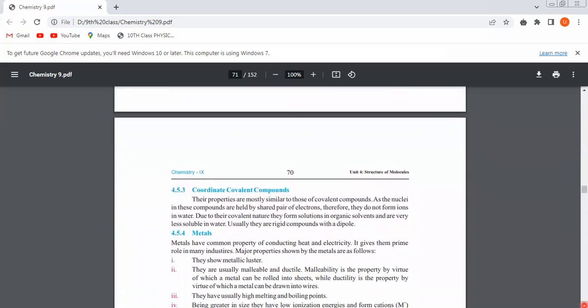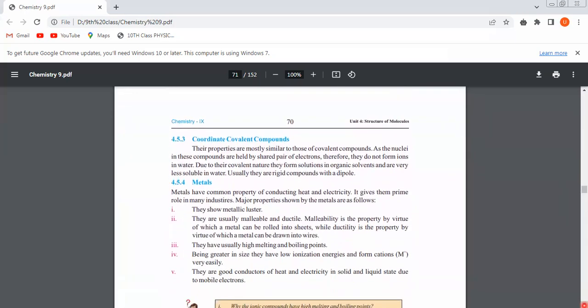Coordinate covalent compounds. Their properties are mostly similar to those of covalent compounds, as the nuclei in these compounds are held by a shared pair of electrons. Therefore, they do not form ions in water due to their covalent nature. They form solutions in organic solvents and are less soluble in water. Usually, they are rigid compounds with dipole moments.